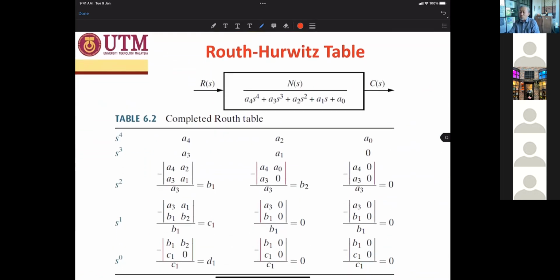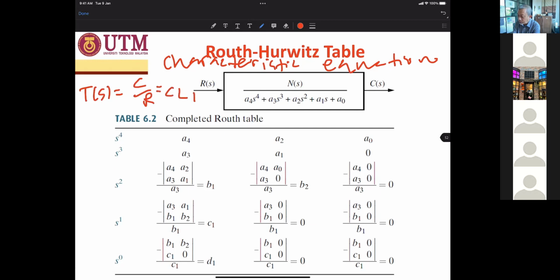As you learned in Control 1 in the previous semester, to put values in the Routh-Hurwitz table, you need the characteristic equation. This characteristic equation comes from the closed loop transfer function, which is T(s) = C over R. For the closed loop transfer function, we focus on the denominator part.